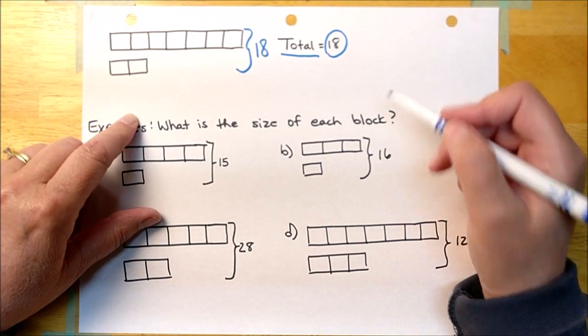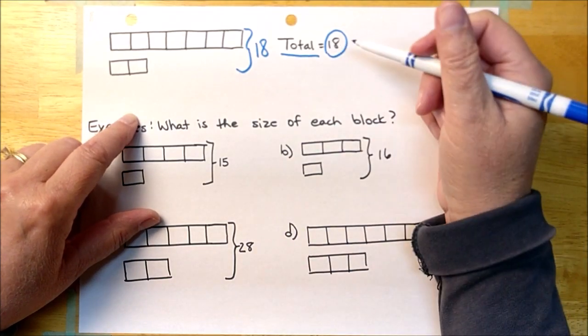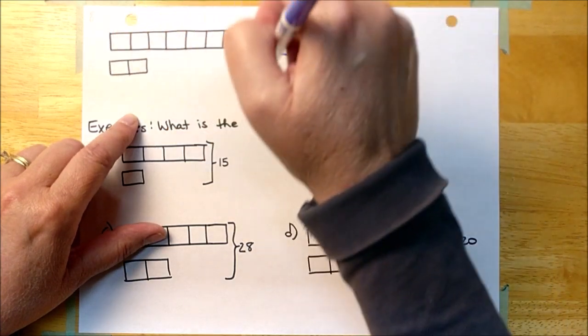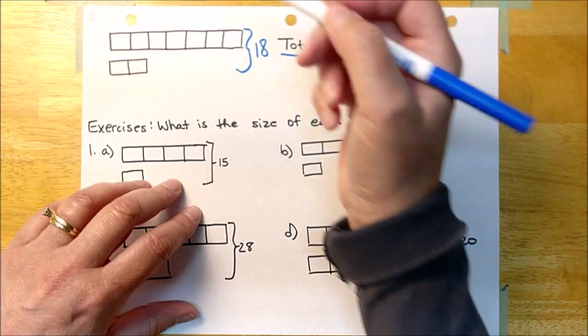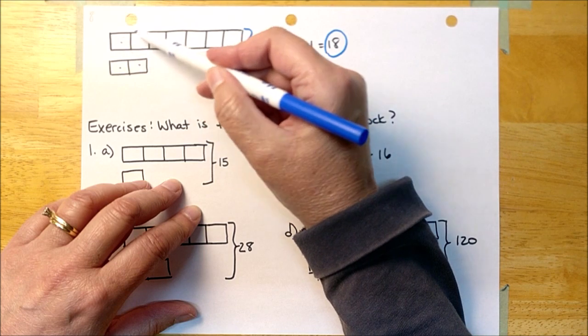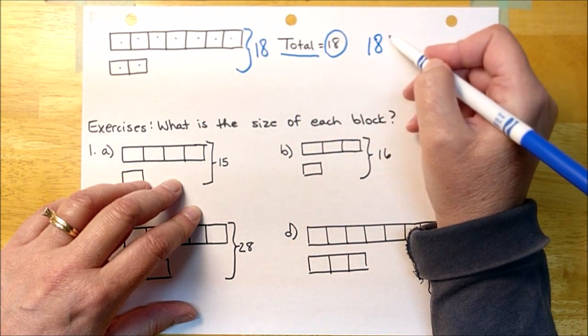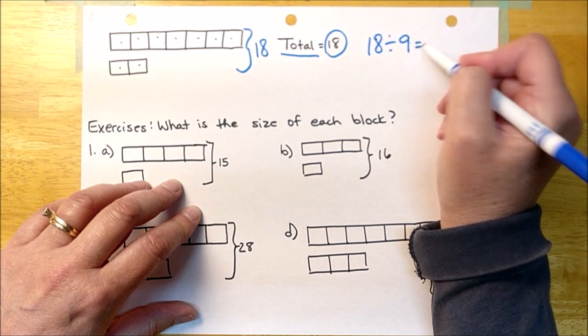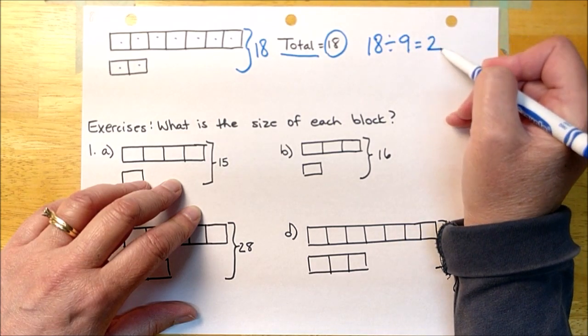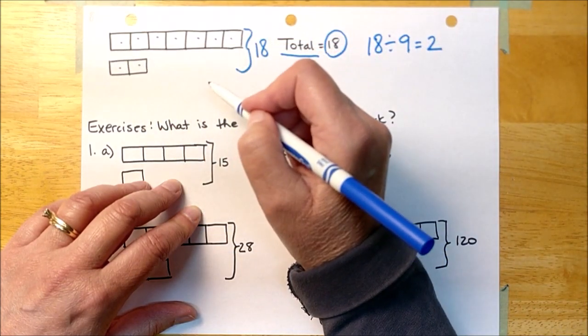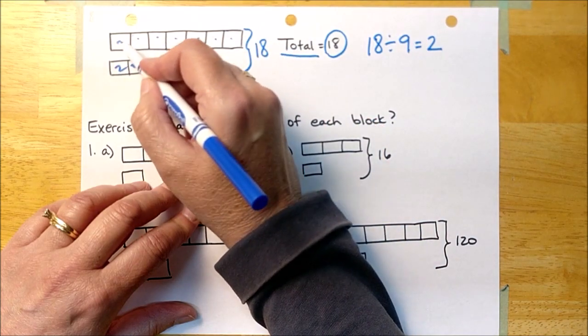So we have to count how many blocks there are. 1, 2, 3, 4, 5, 6, 7, 8, 9. So there are 9 blocks. So 18 divided by 9 is 2. So each block is 2.